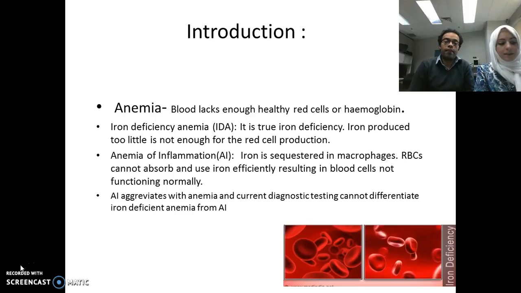Iron homeostasis in the body is very important for health. Too little iron leads to anemia, while too much iron is toxic for the body. Anemia is a condition that develops when blood lacks enough healthy red blood cells or hemoglobin. Hemoglobin is the main part of red blood cells and binds oxygen.